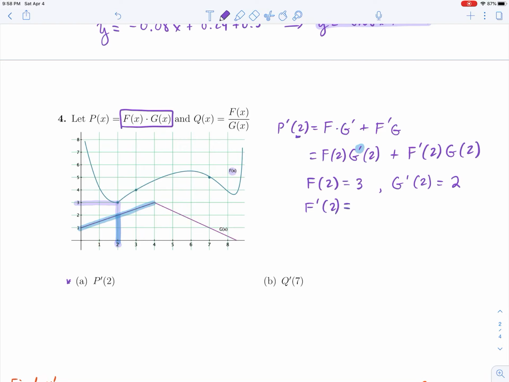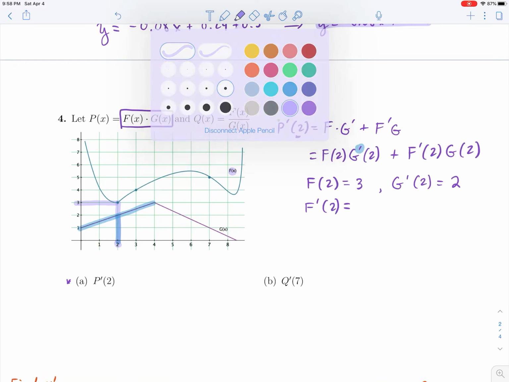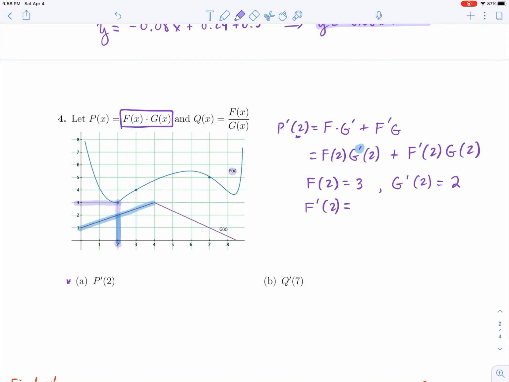F prime at 2. Similarly, we're going to look at this point here, and you can see that the derivative is 0.